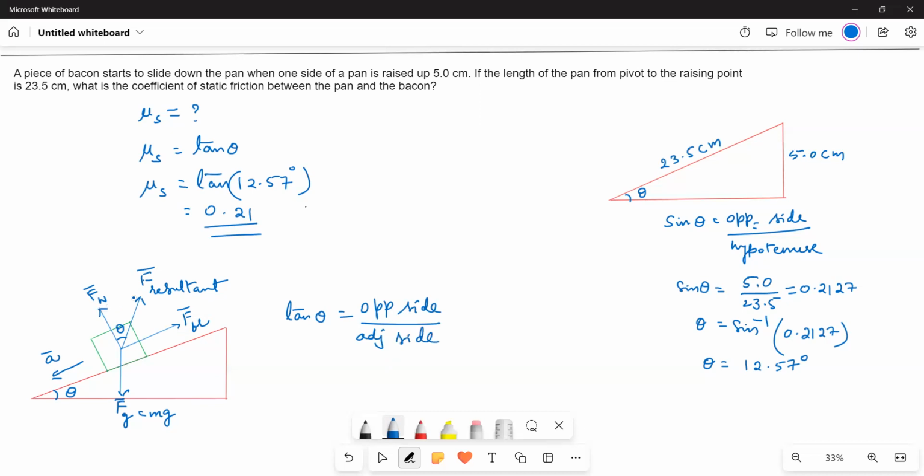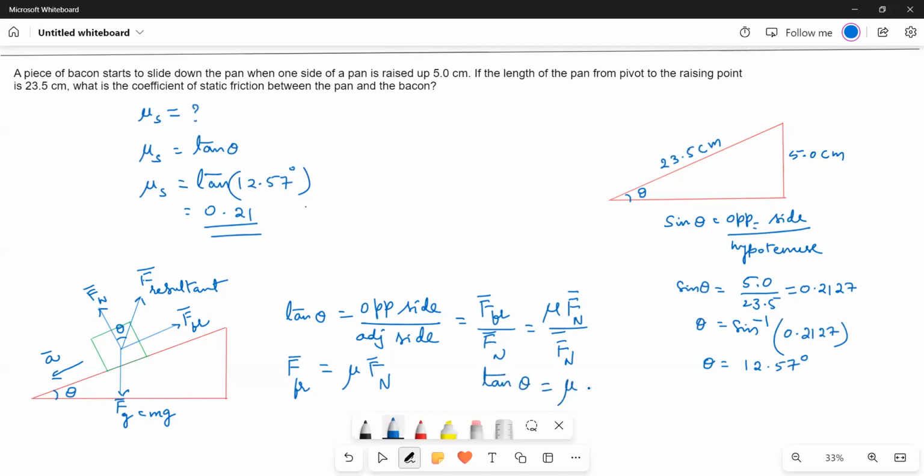Here the opposite side is F friction, so this will be F friction divided by Fn. We know F friction is equal to mu Fn. Now I substitute the value here, mu Fn over Fn. Thus, tan theta is equal to mu.